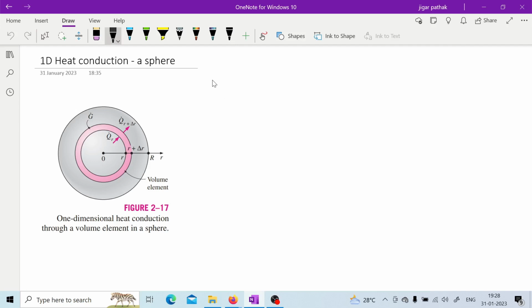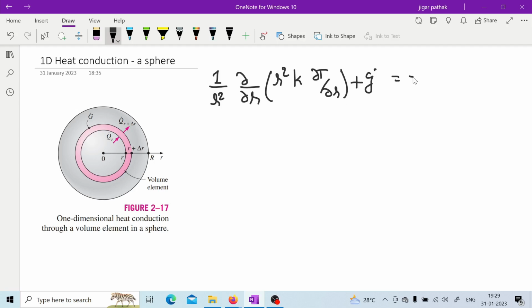So for a sphere I am directly writing for this particular case where we are not considering that conductivity is constant, so at that time we can represent it like this, right? When you consider constant conductivity, then you can have this 1 upon r square.